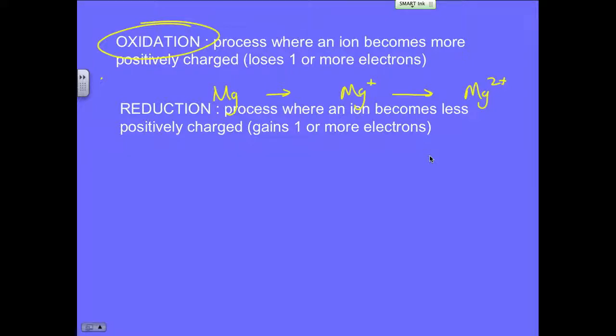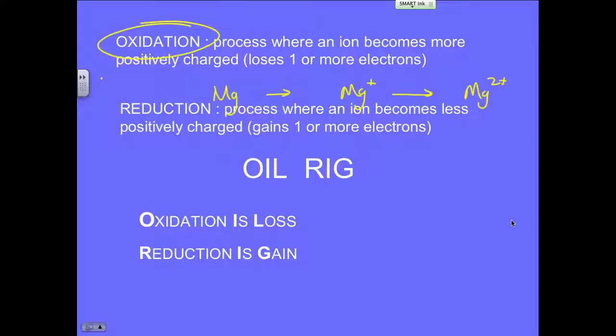Now, there's a little mnemonic for remembering oxidation and reduction, and that mnemonic is OIL RIG. Okay, so oxidation is a loss of electrons, reduction is a gain. And again, you remember that when something forms a positive charge, that's a loss of electrons, versus, let's say we had chlorine forming Cl minus, that's a gain of electrons.